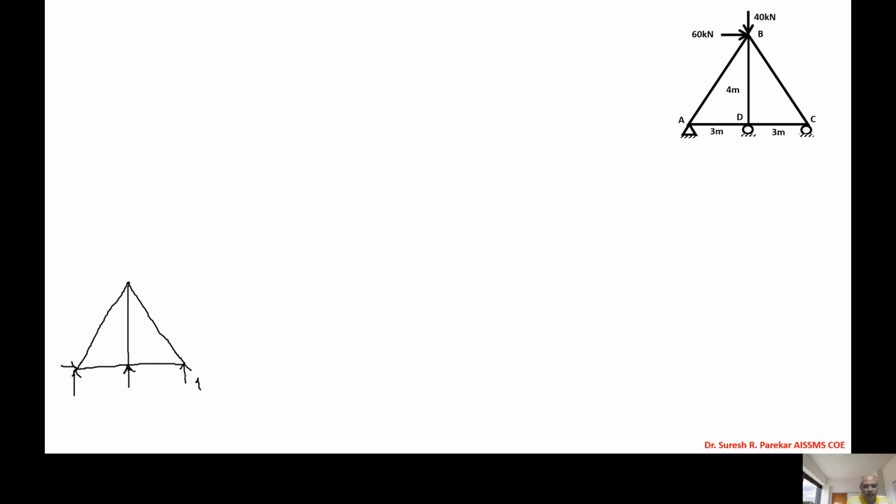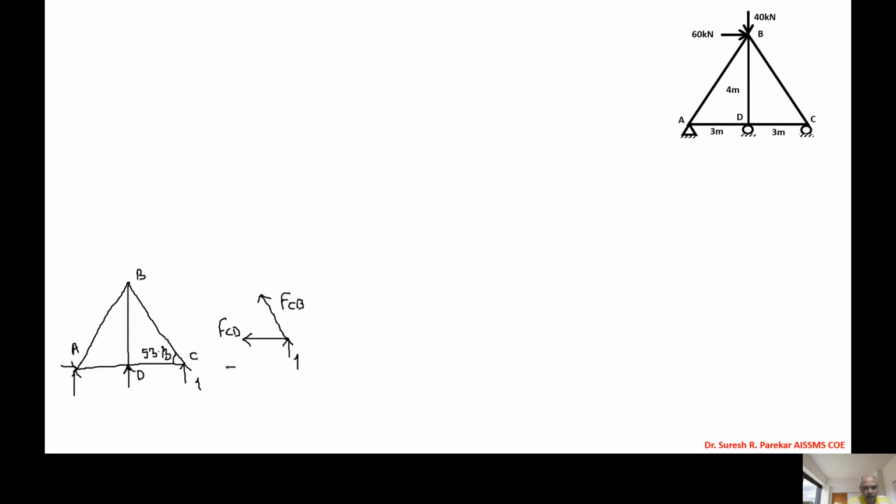Now we have this angle as 53.13, and then the joints A, B, C, D. Now we will apply at C, and at C we are going to have this value as 1. So this is FCB and this is FCD.